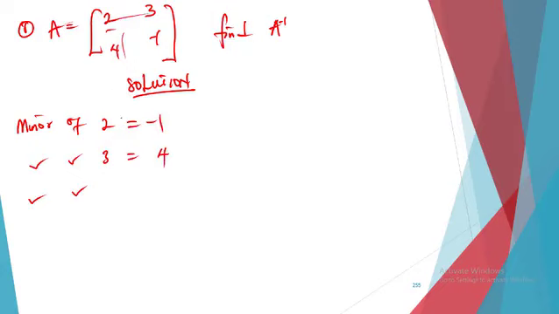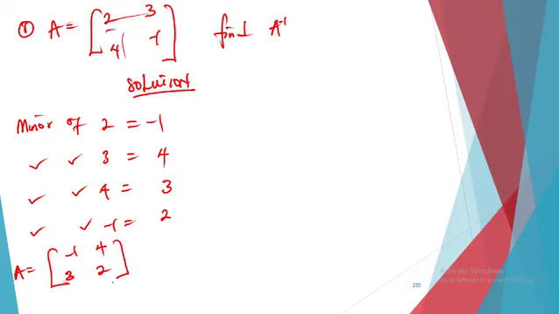Minor of 4 is equal to 3, and then minor of minus 1 is equal to 2. I'll be rushing this because I know we are conversant with this. So the minor of the matrix A would then be minus 1, 4, 3 and 2. Is that correct? So that's the minor.